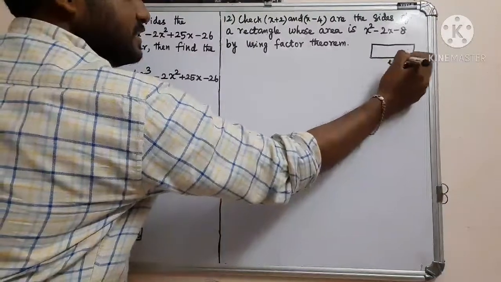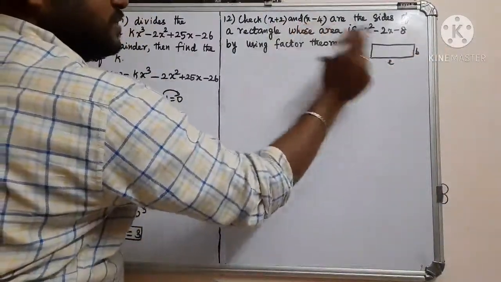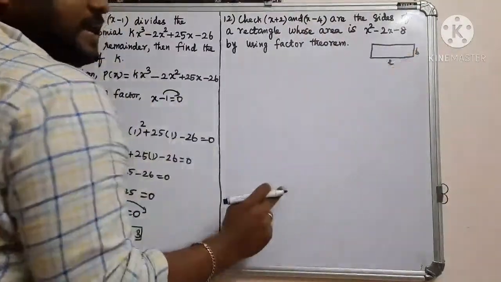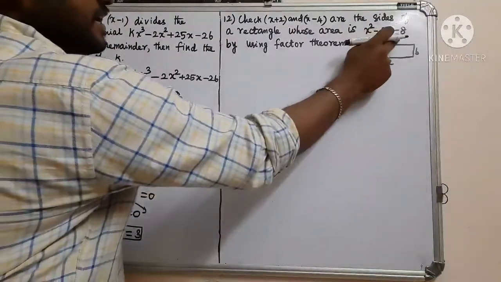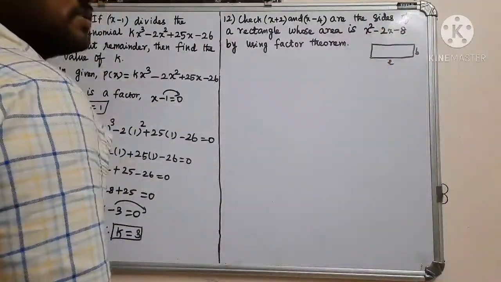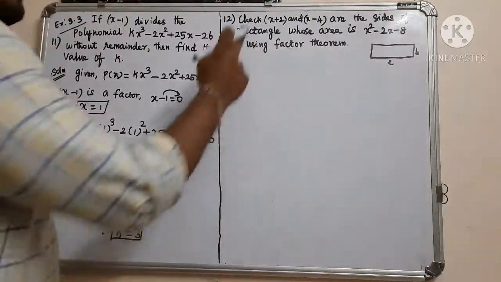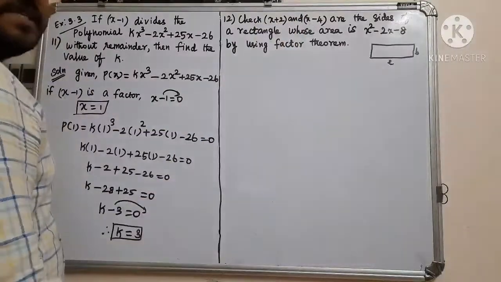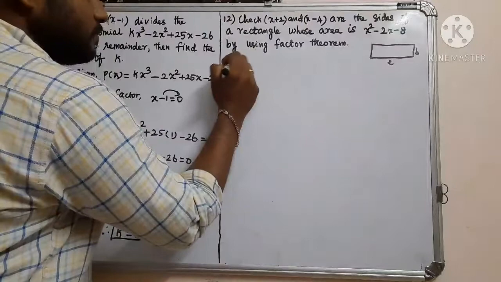So this is taken as length, this is taken as breadth. So length is x plus 2, breadth is x minus 4. If we multiply length into breadth, that is only the area of the rectangle. The area of the rectangle is given as the polynomial x square minus 2x minus 8. So using the factor theorem only, we have to check whether x plus 2 and x minus 4 are the sides of the rectangle. Solution.